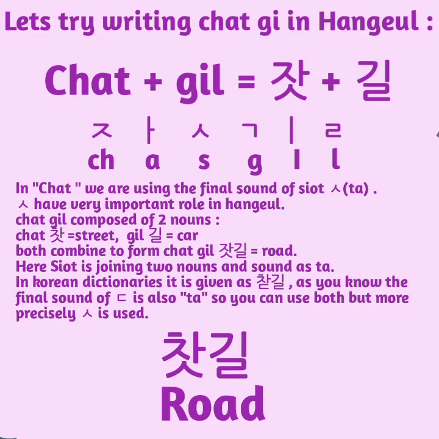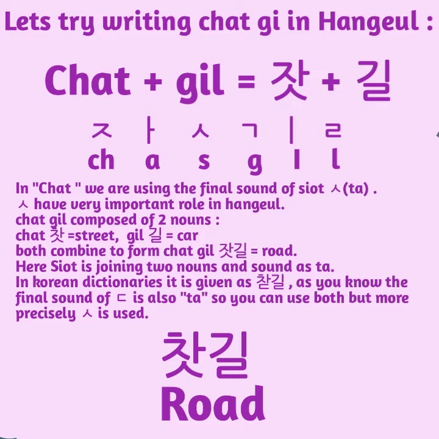Chatkil is composed of two nouns. Chat, which means street, and Gil means car. When we combine Chat, Gil, it forms road. These are two nouns, and here Siot is used to combine two nouns like Chat and Gil.